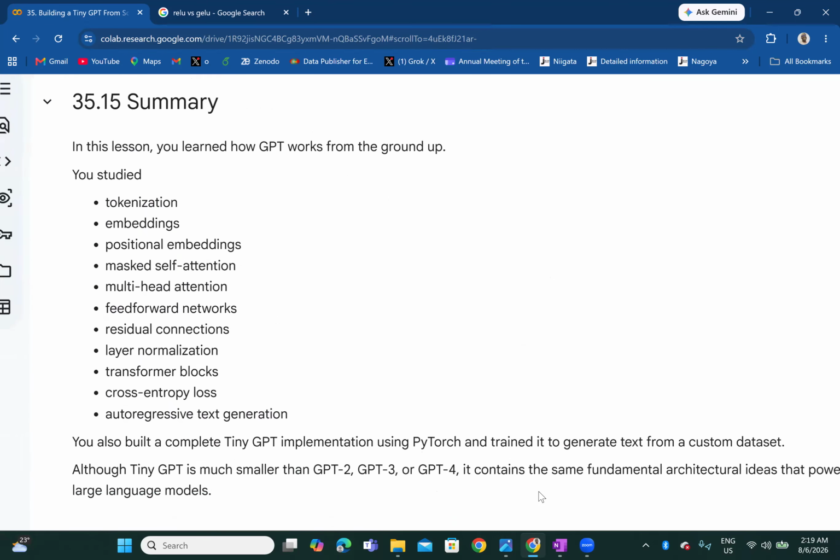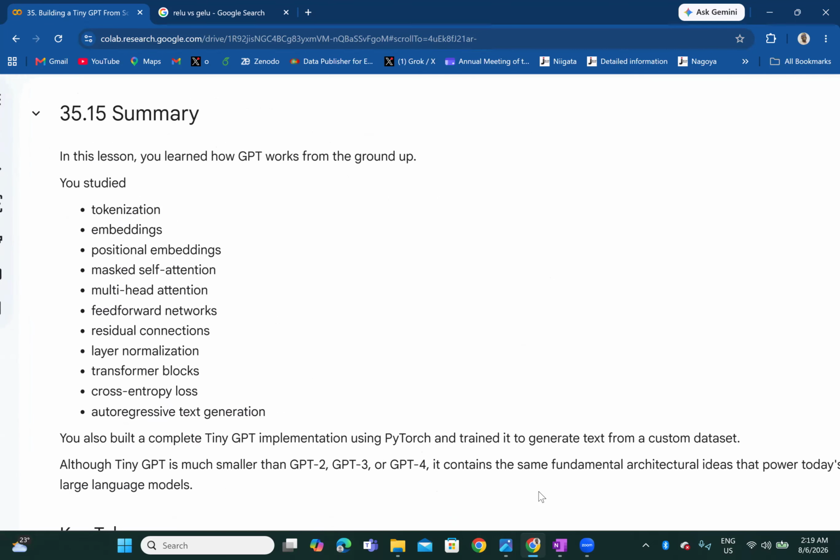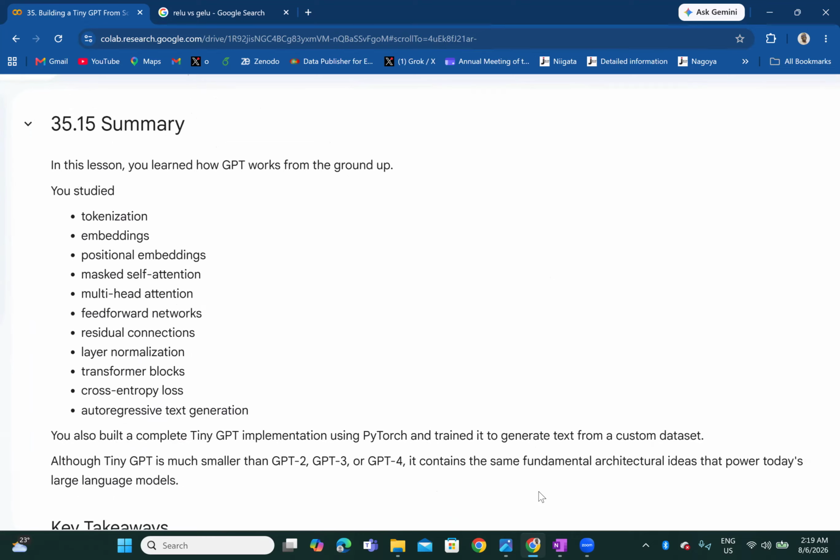So in summary, in this lesson, you learned how GPT works from the ground up. We studied tokenization, embeddings, positional embeddings, masked self-attention, so that the model doesn't see things in the future. It only sees things in the past. It uses things in the past to predict the present. It doesn't see the future. That's masked self-attention. Then you have multi-head attention, which allows many heads working together to get attention.